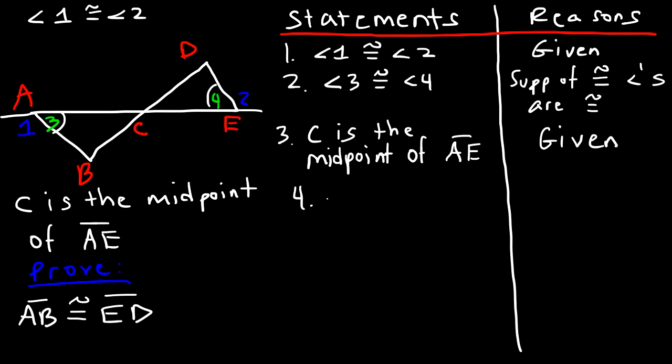So what can we conclude anytime we have a midpoint? A midpoint separates a segment into two equal segments. So we could say that segment AC is congruent to segment CE. And the reason is definition of a midpoint.